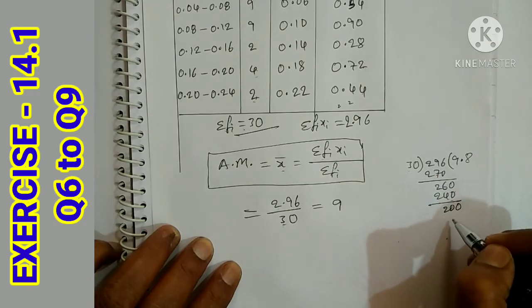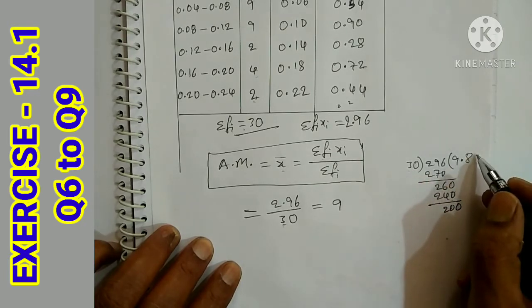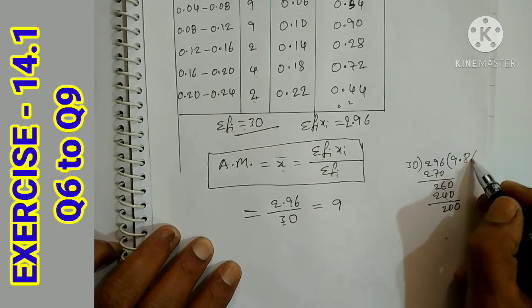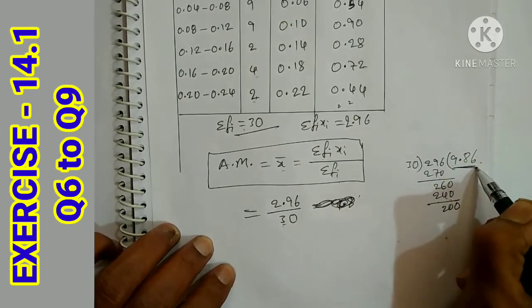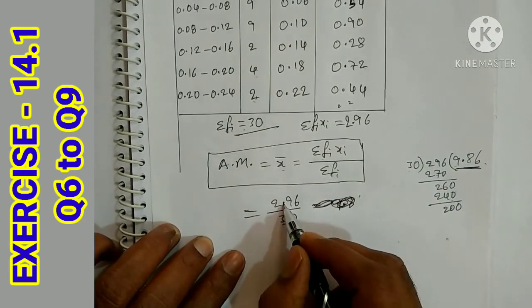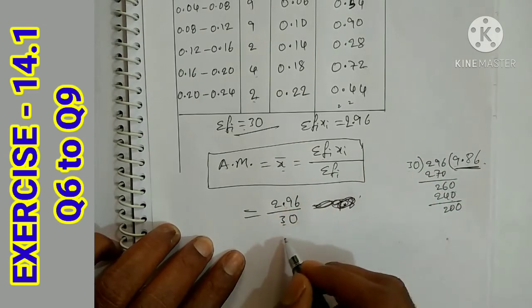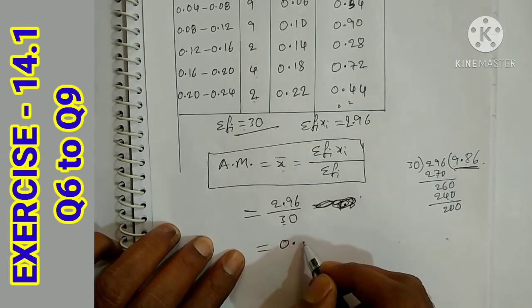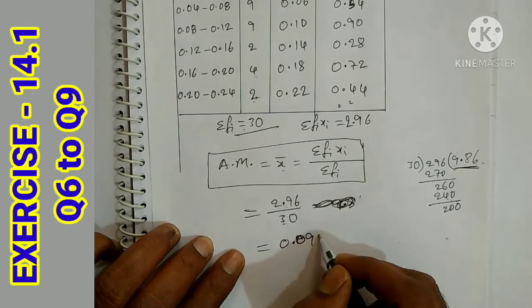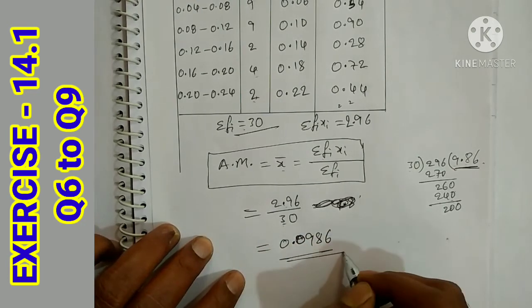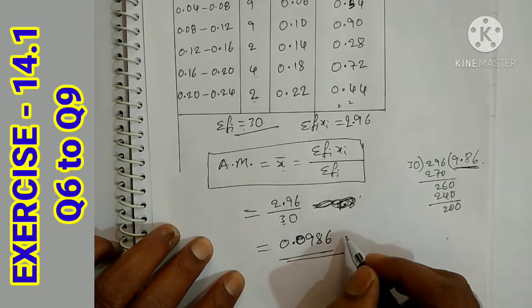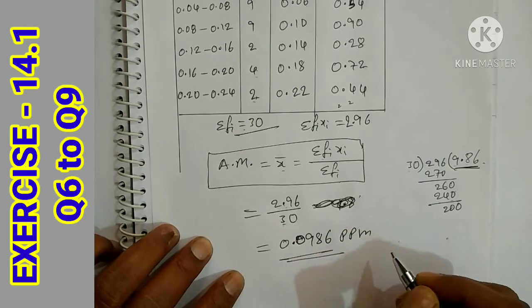Again you keep the 0, so it is 6. We got 9.86, but already there is a decimal point after 2 digits, so you take the value 0.0986 as the answer. This is ppm.